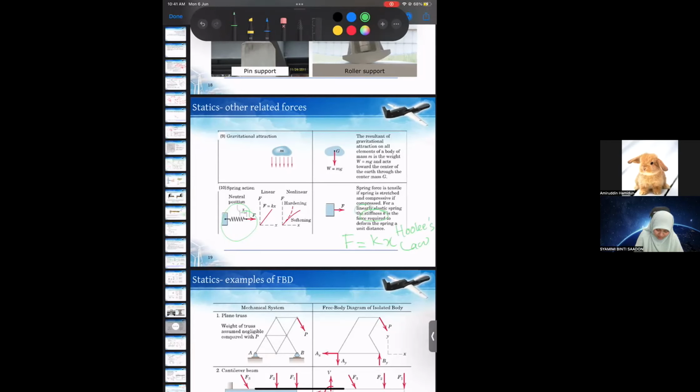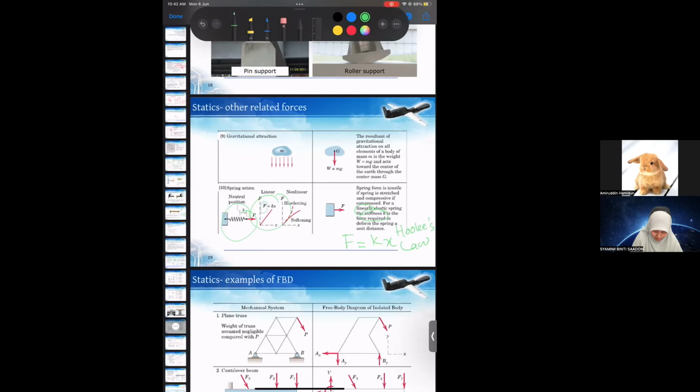Linear means that the distance is directly proportional to the force. So if we increase the force acting on the spring, then the distance x that we stretch the spring will increase.